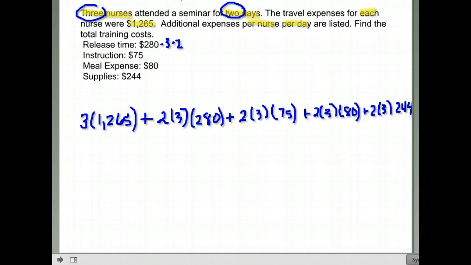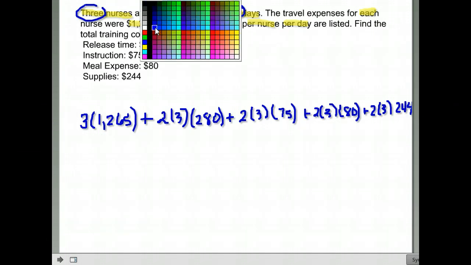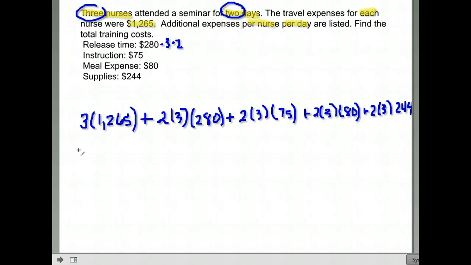Let's do those calculations. Okay, so take out a calculator, go ahead and multiply each of those things. The first gives us $3,795. The second one gives us $1,680. Our third one there gives us $450.